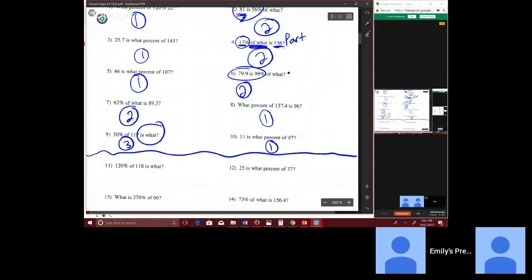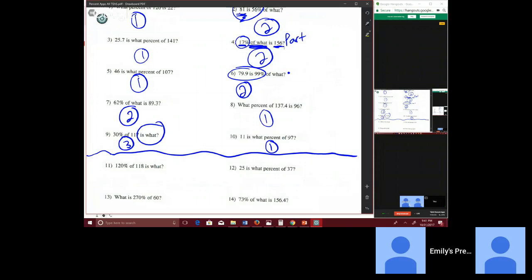Now, you might have noticed the trend of the word is and the word of. Again, I don't recommend following a particular trend, especially when it's a word matching trend. So I don't recommend just saying, oh, I see the is, that's a 2, because you're just assuming based on how something looks.